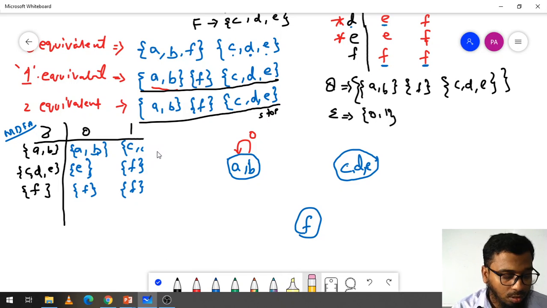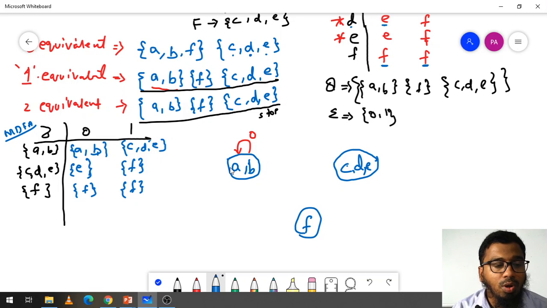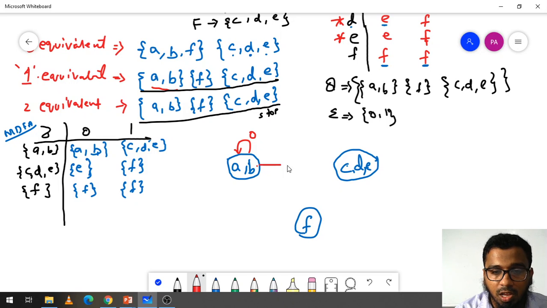Because we don't have the state E alone, whatever states we have here, only those we take. So A, B on 1 is going to C, D, E.